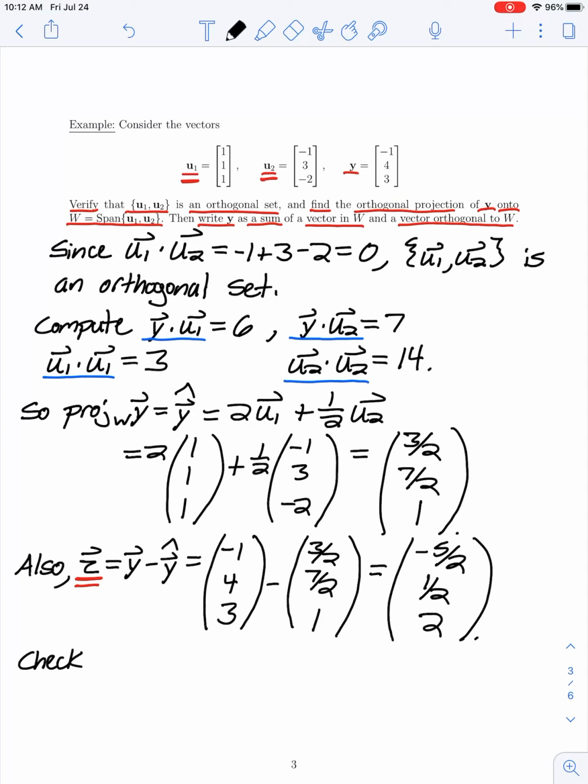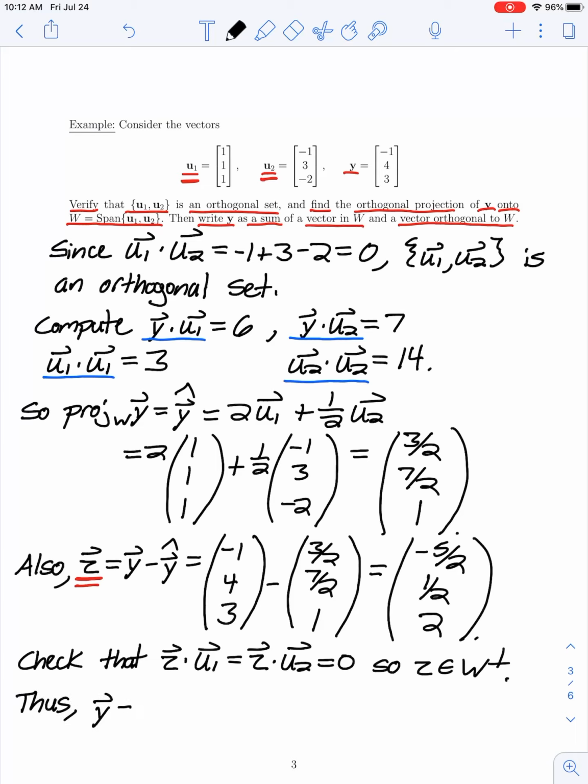So as a quick check, we can see that the dot product of z with u1 and the dot product of z with u2 is equal to 0, so z does indeed lie in the orthogonal complement of W. And so the decomposition that we're after for this vector y is the sum of y hat and z.